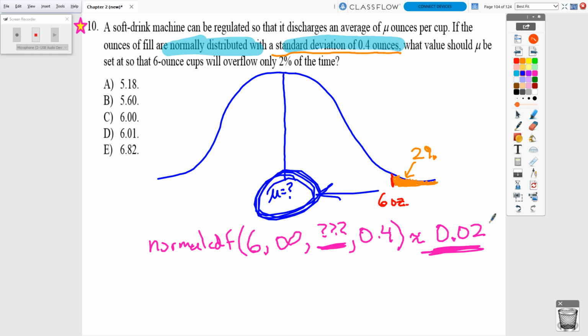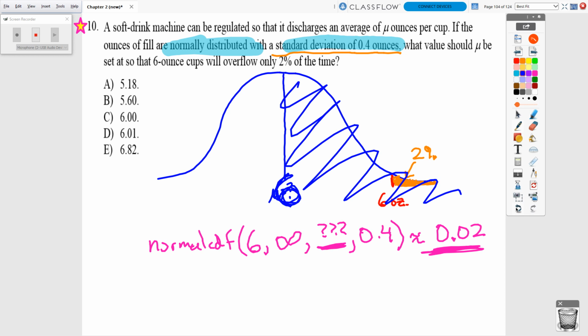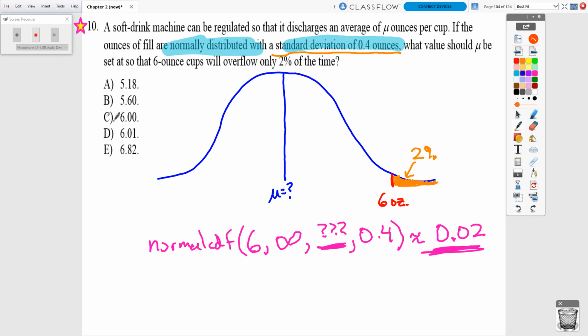Well, looking at this picture, we know the mean has to be smaller than 6 ounces, because if the mean was 6 ounces, then cups would overfill 50% of the time, right? So it can't be 6, and it can't be more than 6, because then the mean would be over here. That's not right. It needs to be over here. So either the mean is 5.18 or 5.60. So even if you started guessing and checking, at least you would find the correct answer out of one of the first two. But how do you do this without guessing and checking?